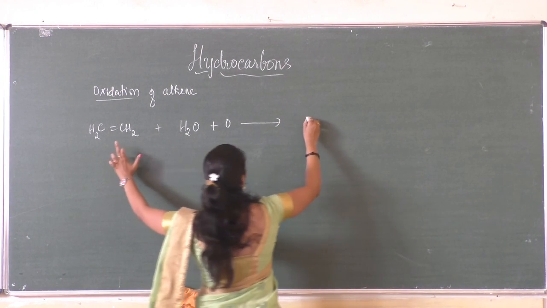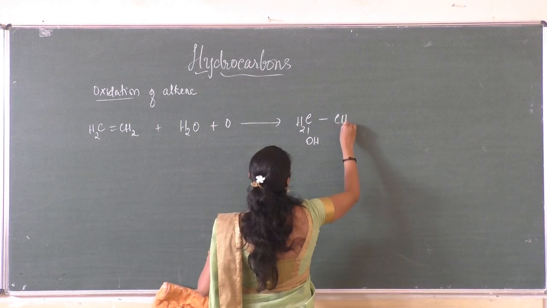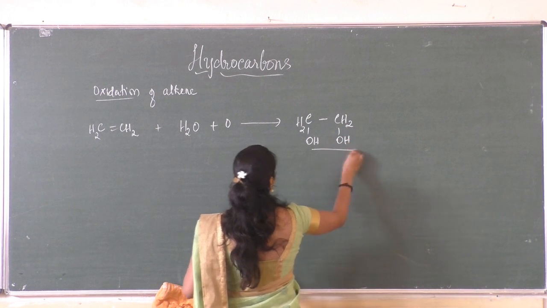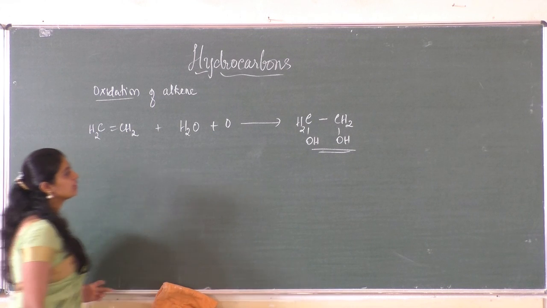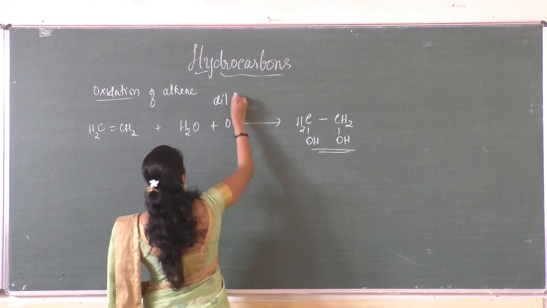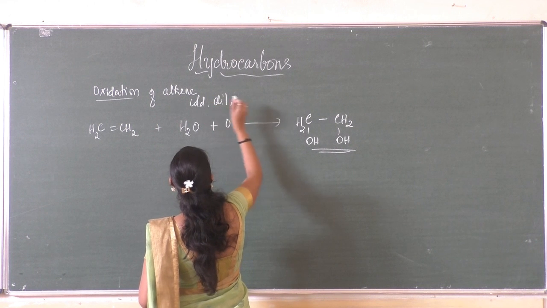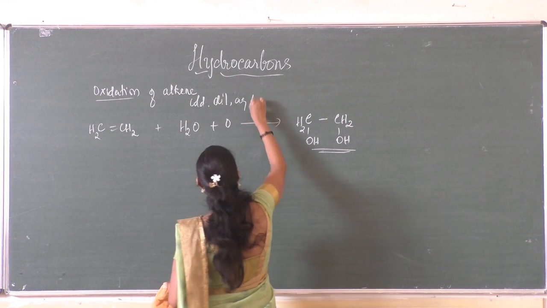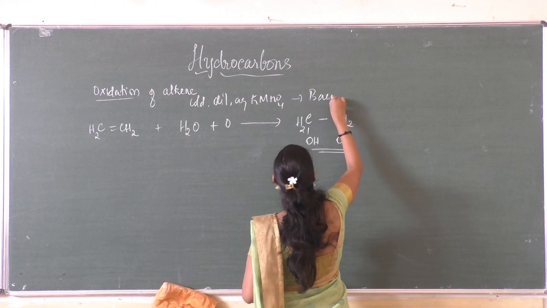We end up with the vicinal glycol, so you can see two OH groups are attached. Cold dilute aqueous KMnO4 is used here, that is called Baeyer's reagent.